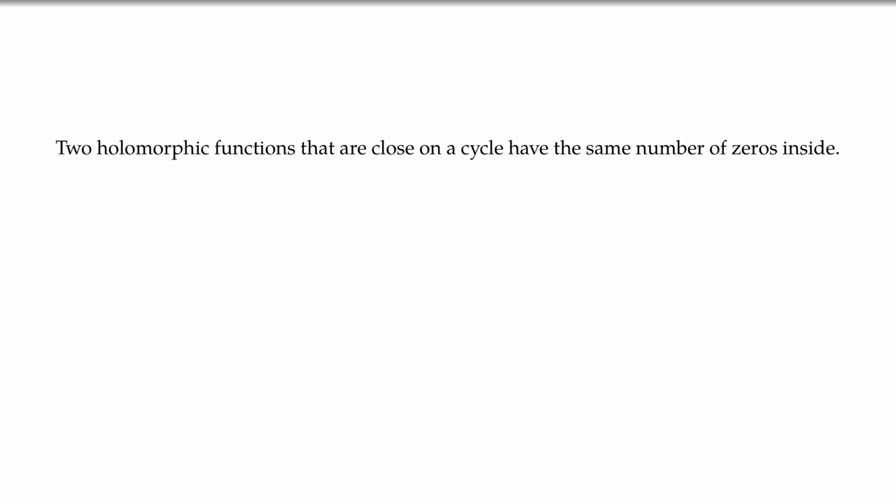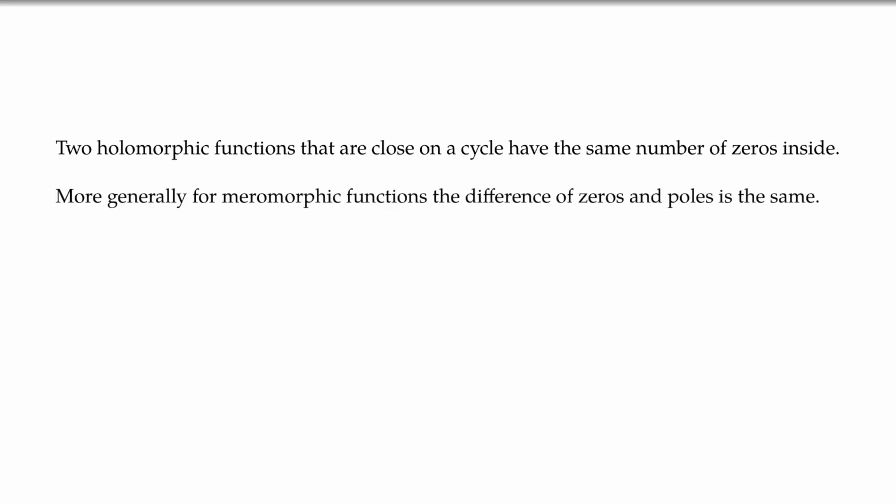Maybe they'll move around a little bit. Maybe one of them has a zero of multiplicity 2, the other one has two distinct zeros. Well, that's fine, but they're going to have the same number of zeros up to multiplicity. More generally, if we have meromorphic functions, then it's the number of zeros minus the number of poles.